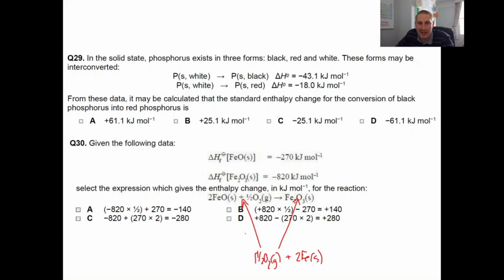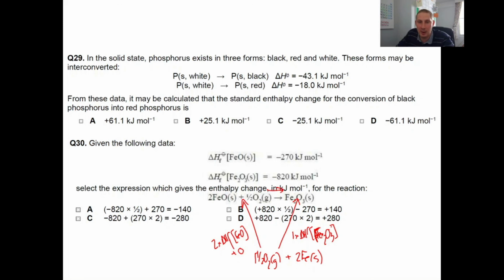Making this would be 2 times the enthalpy of formation of FeO and 0. And this one would be just 1 times the enthalpy of formation of iron 3 oxide.